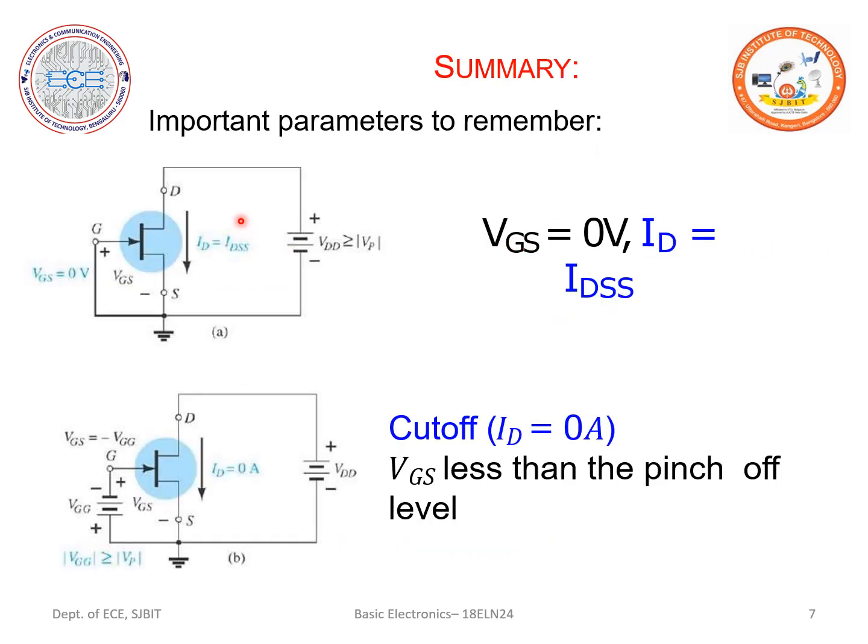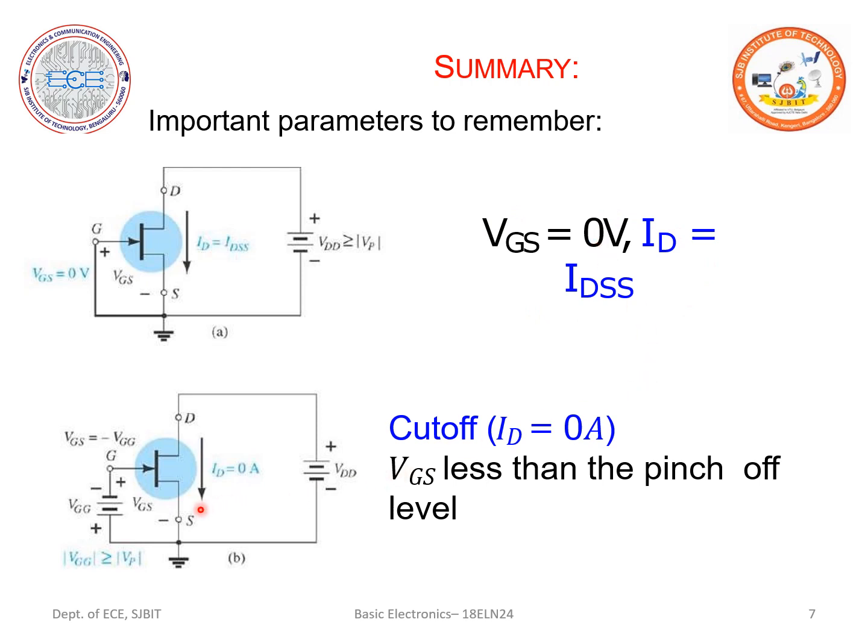We also studied some important parameters that we have to remember. For the N-channel JFET, always remember VGS equal to 0 and ID equal to IDSS. This is nothing but our ohmic region condition.